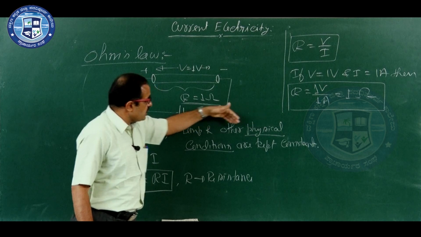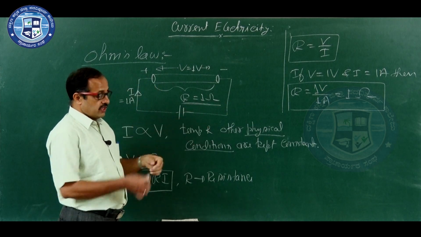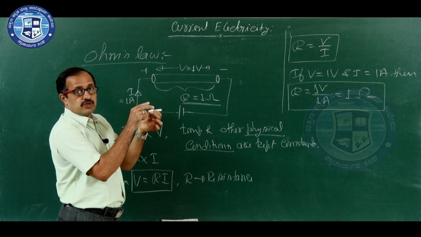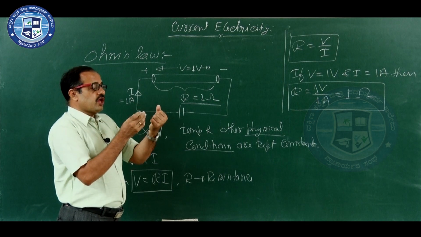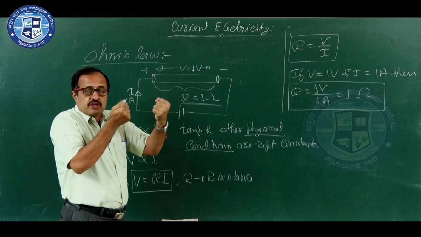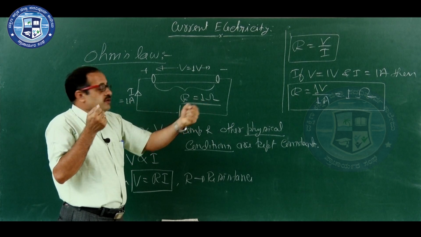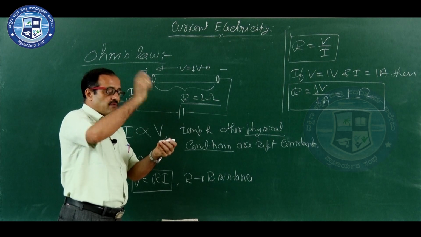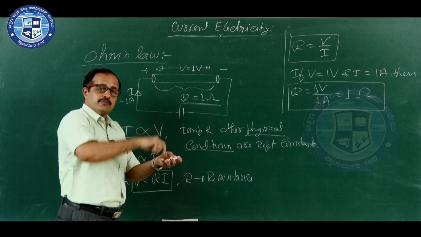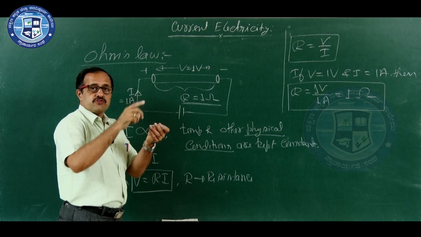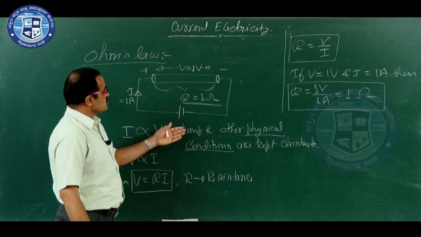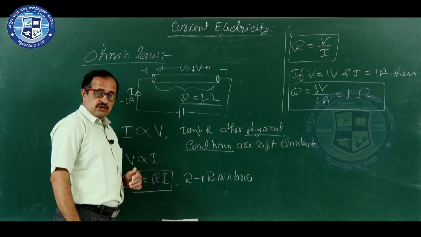And physical conditions are kept constant, means length and area of cross section must be constant. Let us say you are stretching the wire. If you stretch the wire, at that time Ohm's law is not applicable. Or you hammer the wire, then area of cross section changes, and Ohm's law is not applicable. So, you will get 2 limitations from Ohm's law itself.